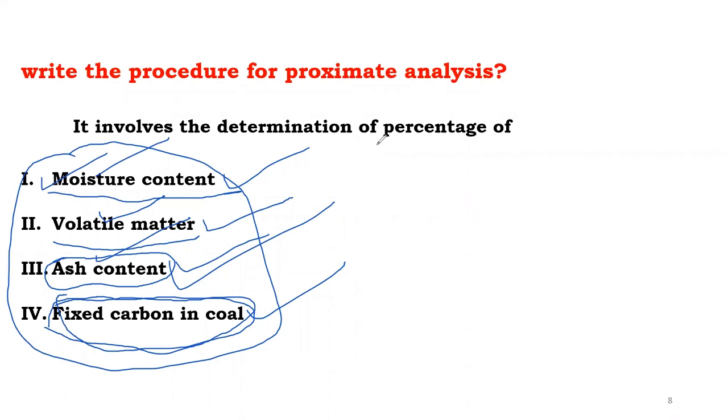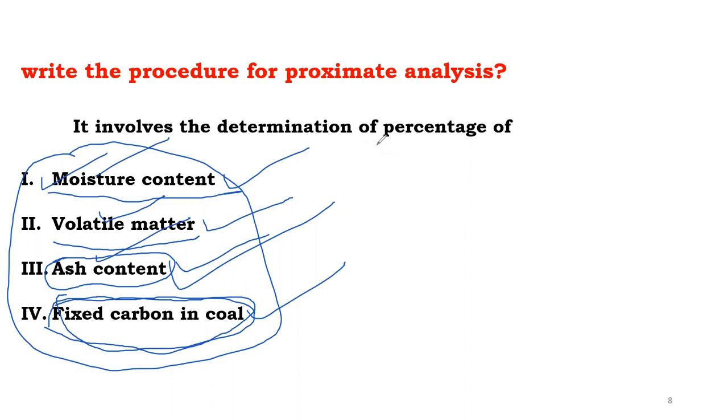Why is it called physical analysis? Because we are not going to characterize any chemical characteristics of the coal. You know that the percentage of moisture is a physical nature, volatile matter is also physical nature, ash content is also physical nature, carbon is also physical. We are not doing any chemical reactions here, just analyzing the physical properties of the coal.